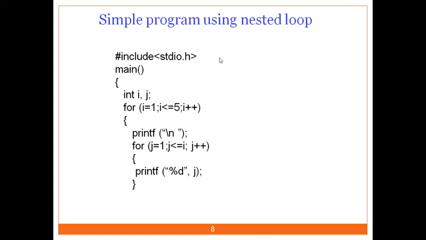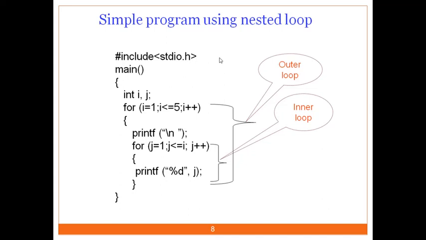For the second for loop, we are using j. This is the inner for loop: for j is equal to 1, j less than or equals to i, j plus plus, printf percentage d, j. This is the outer for loop.